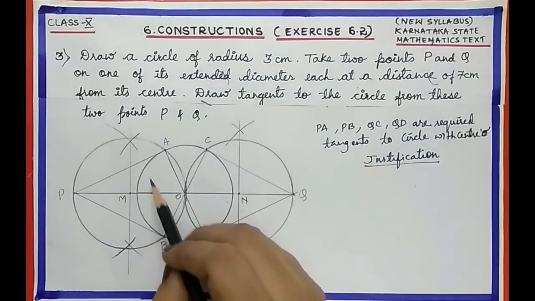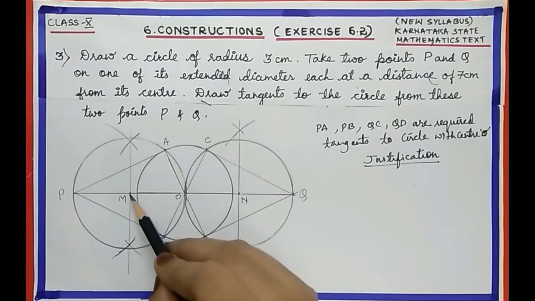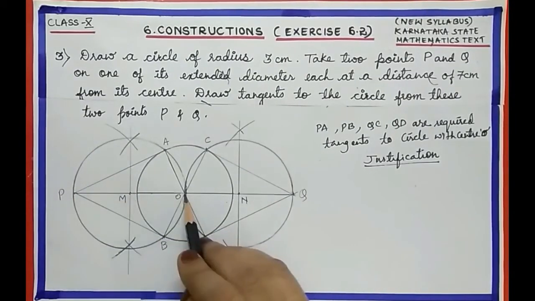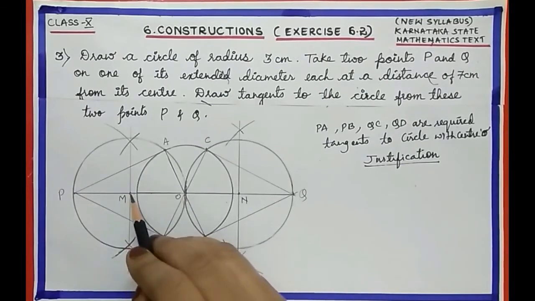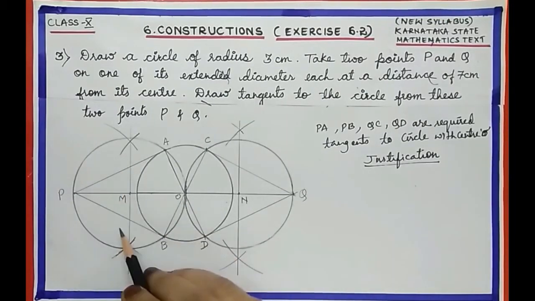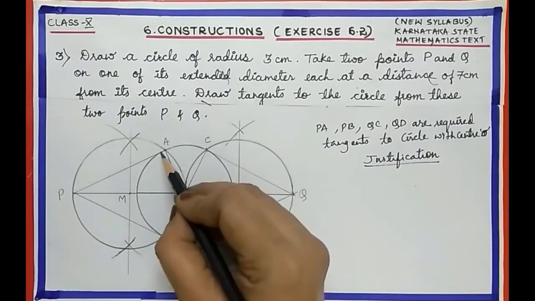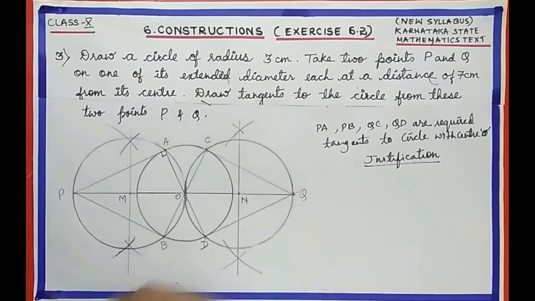So dear students, observe here. Here is a circle with center M and diameter PO. Diameter is dividing the circle in two parts, that is two semicircles. So you know that angle in a semicircle is equal to right angle, that is equal to 90 degree.